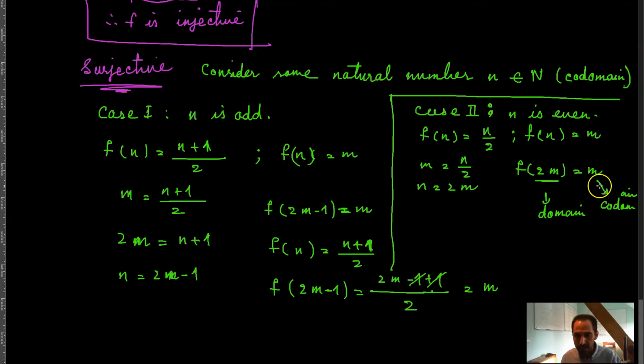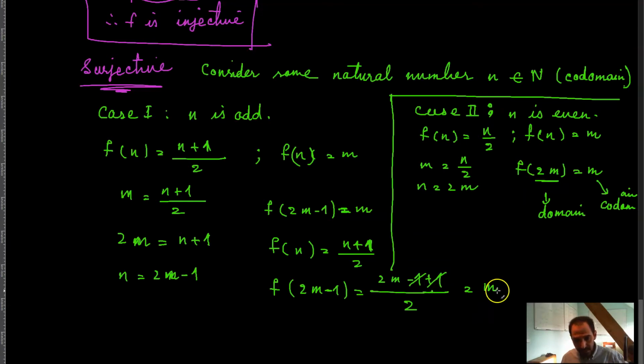Right? Now it's important to check that this m is the image of some 2m in the domain of the function. You need to make sure that this 2m actually does exist in the domain of the function. Otherwise, this doesn't mean anything, right?